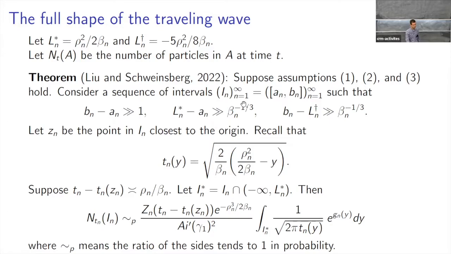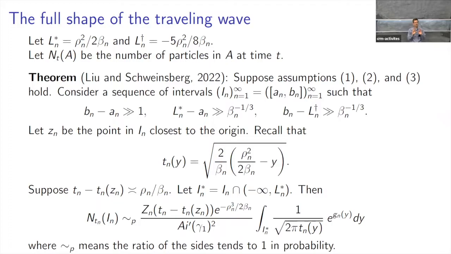And we now want to consider a sequence of intervals I sub n. The length of these intervals needs to be much larger than 1. And then these other two conditions just ensure that the intervals have enough of an overlap with the interval from Ln dagger to Ln star, which is where the particles are actually located.